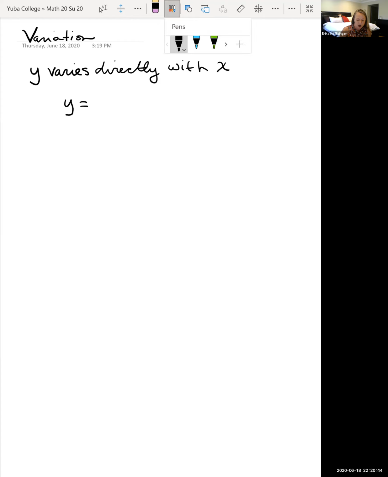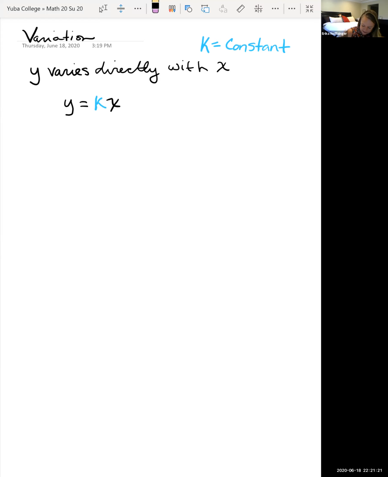These problems always have a constant in here, and it's varying by this constant. We want to figure out what that constant is, and usually we'll see it as k in these types of problems. In these problems, k is equal to some constant for our word problem, something that doesn't change with the information that changes. Varies directly with x means that you're just taking that constant and multiplying it by that variable, in this case, x.